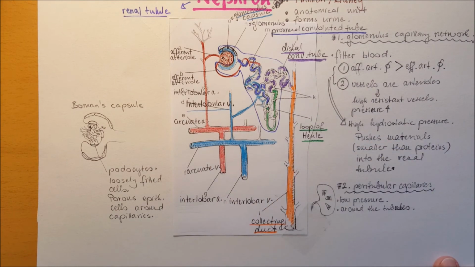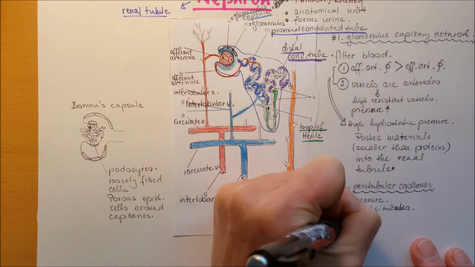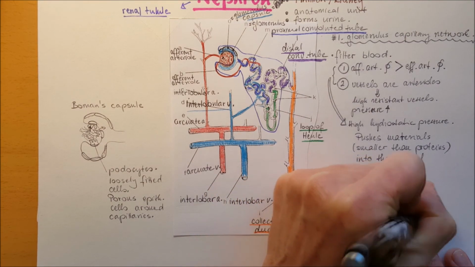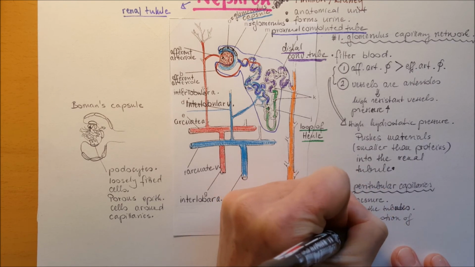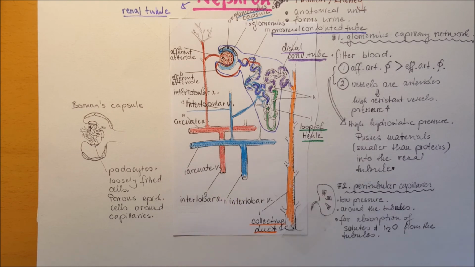They are around the tubules, and they do absorption of solute and water from the filtrate that was filtered into the Bowman's capsule, because we are not getting rid of all of the material that is filtered out from the capillaries into the Bowman's capsule.